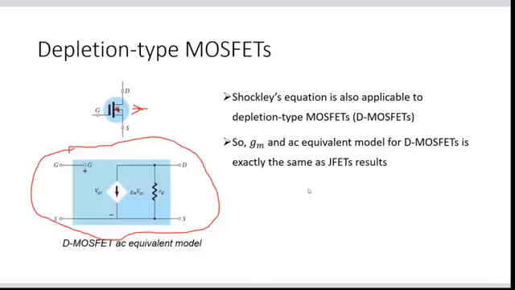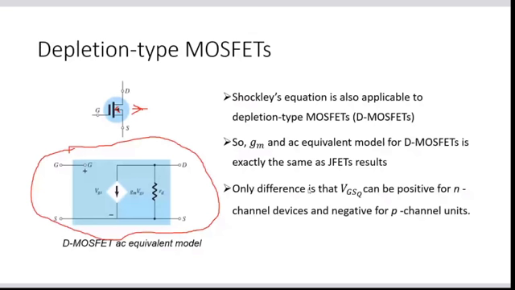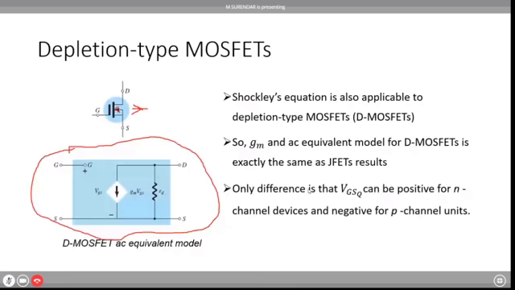And finally, only one difference is there. You have to notice this VGSQ. VGS is negative for JFET, whereas VGS can be positive for N channel devices and negative for P channel devices.